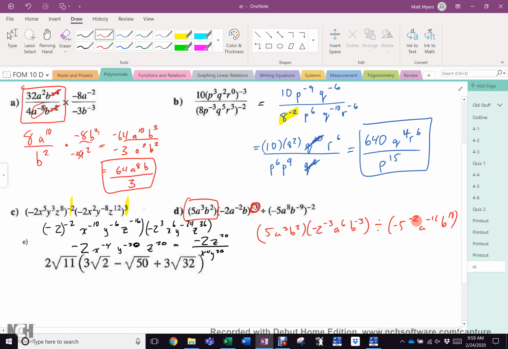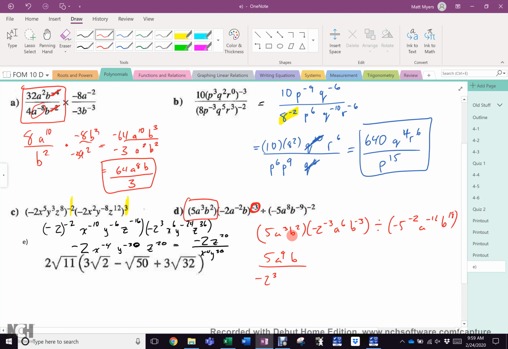Who decides that? You decide that, right? So I would move this to here, negative 2 cubed. 3 and 6. What am I going to get there?